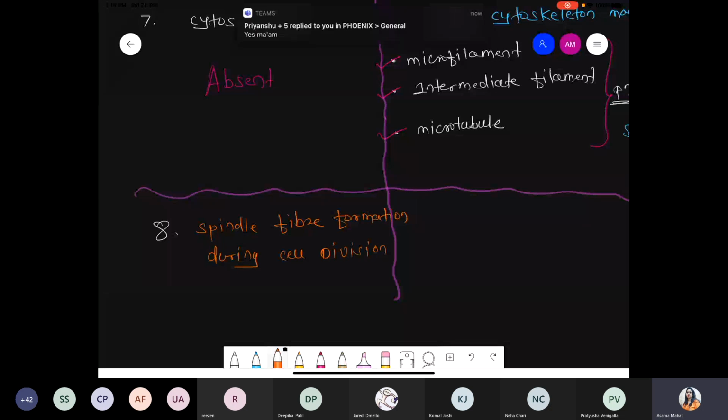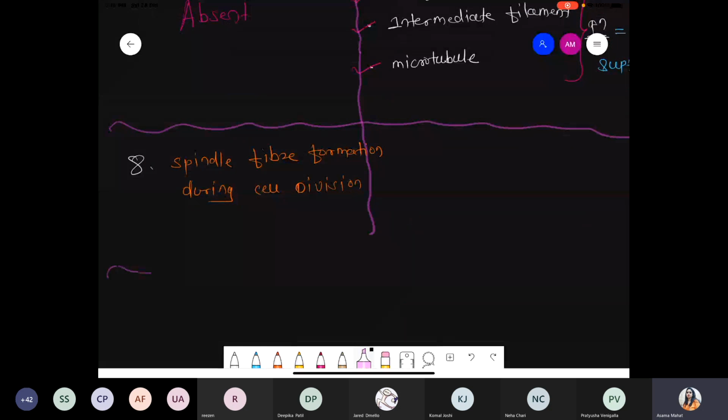You know very well, spindle fiber formation is a characteristic feature present in the eukaryotic system. In the pro, it is totally absent, but in the eu, it is present.